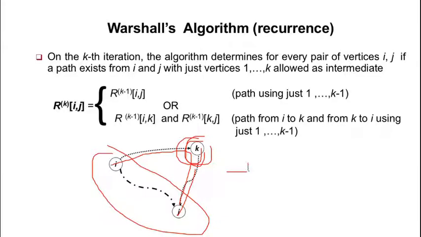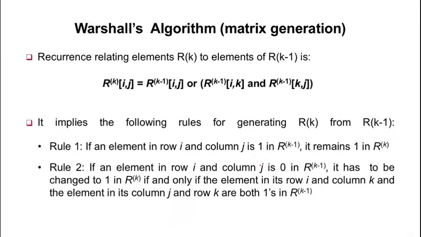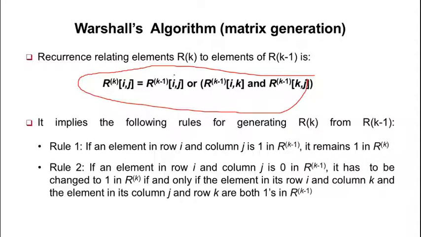This is called the transitive closure. The recurrence relating element R^k to element of R^(k-1) is where we look at whether R^(k-1)(i,j), or R^(k-1)(i,k) and R^(k-1)(k,j). We can understand this recurrence through these rules.